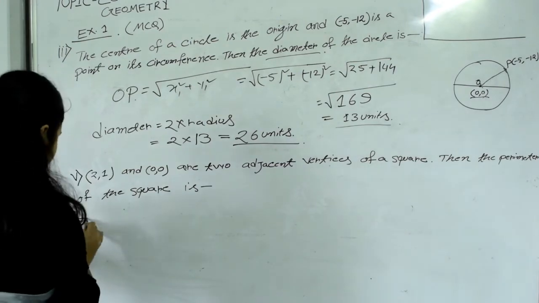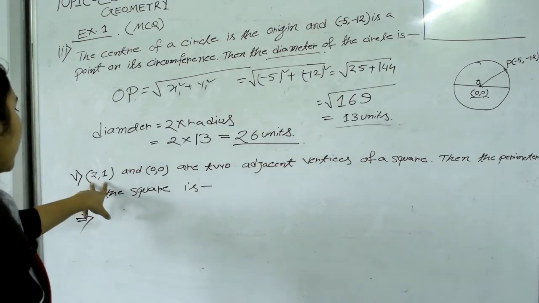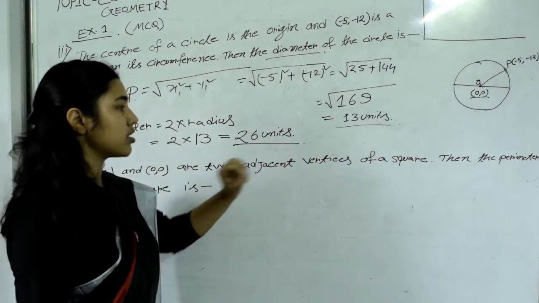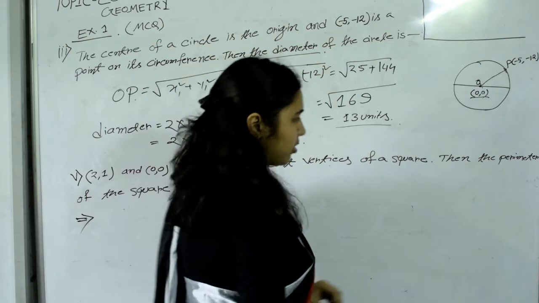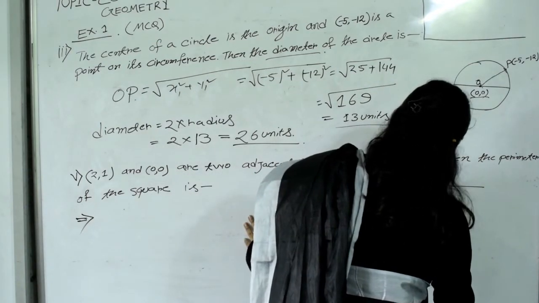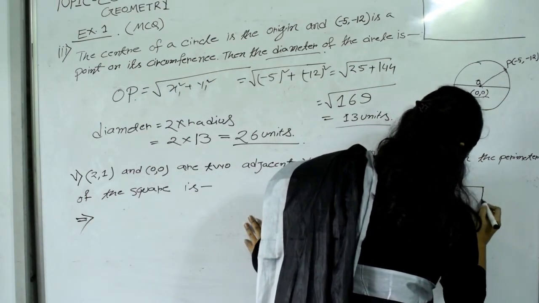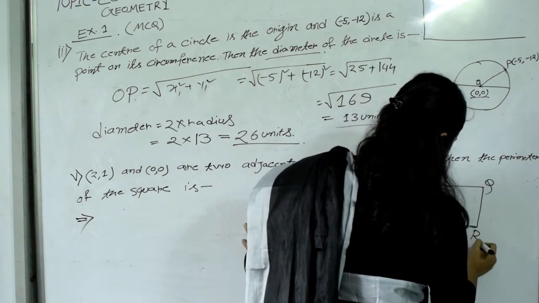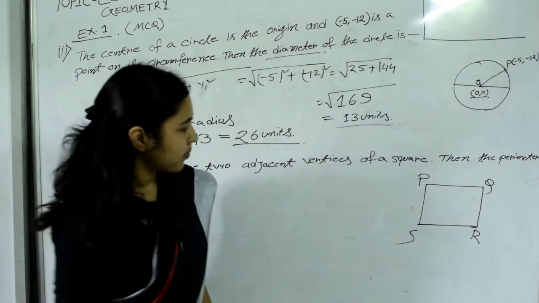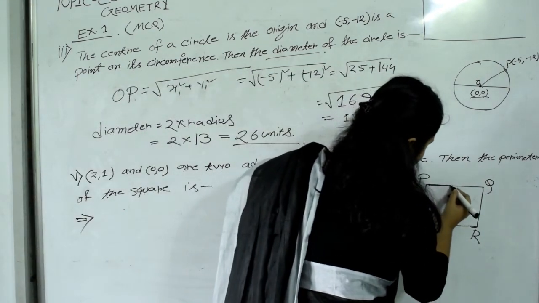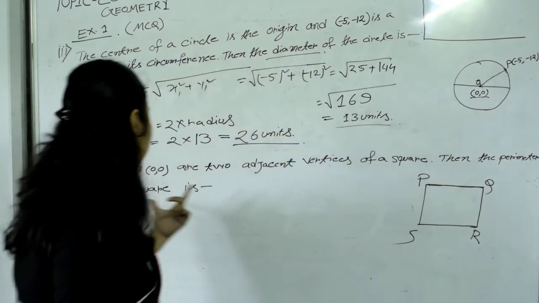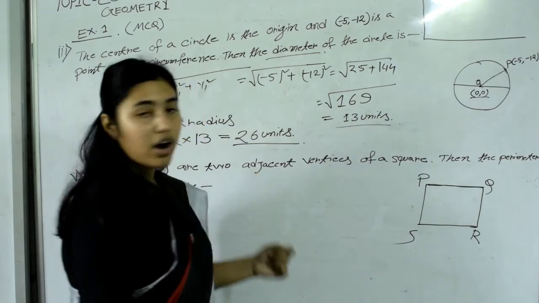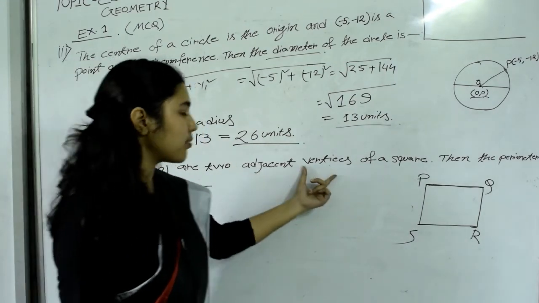And next problem, here 2, 1 and 0, 0 are two adjacent vertices of a square. So first consider a square. Name it as PQRS. Okay. Now suppose here 2, 1 and 0, 0 are the coordinates of two adjacent vertices.